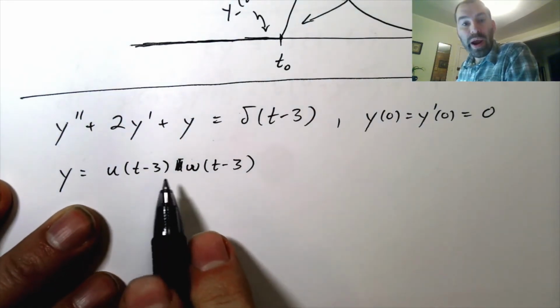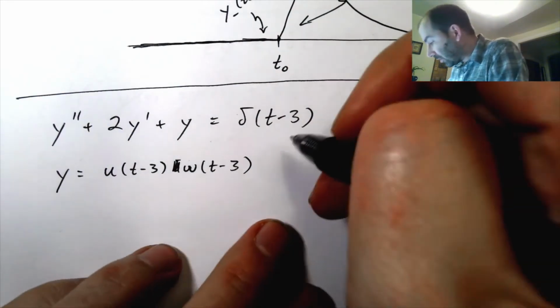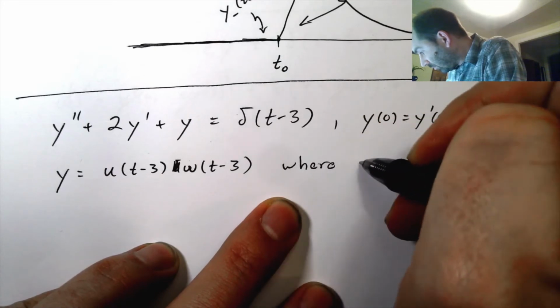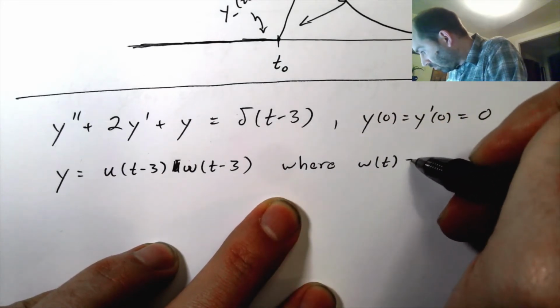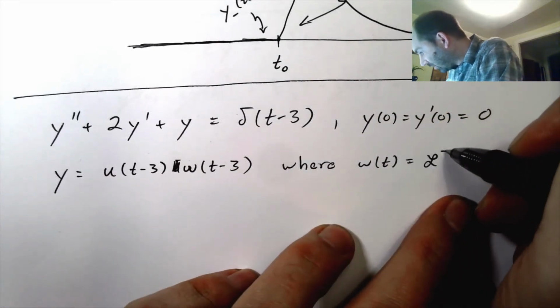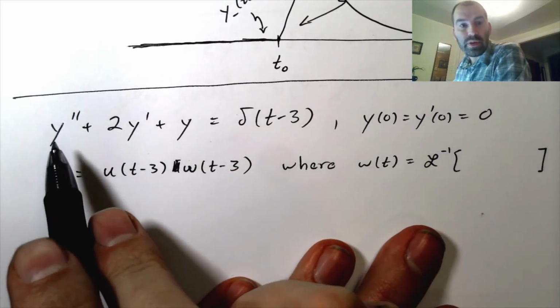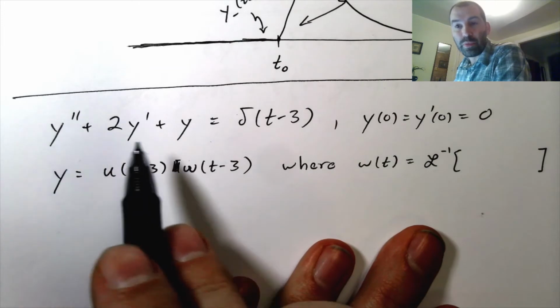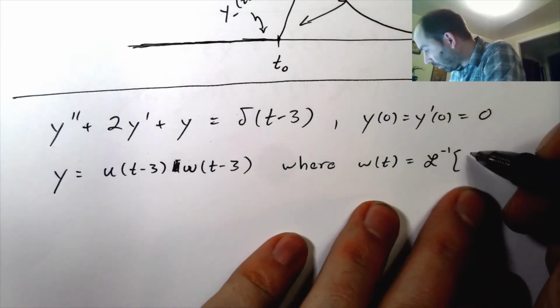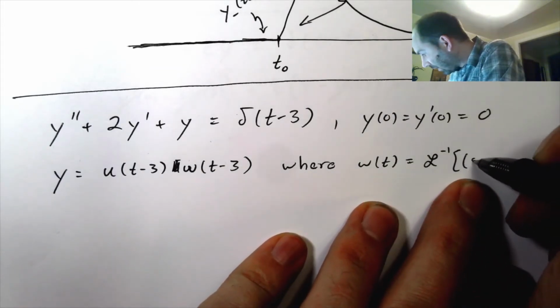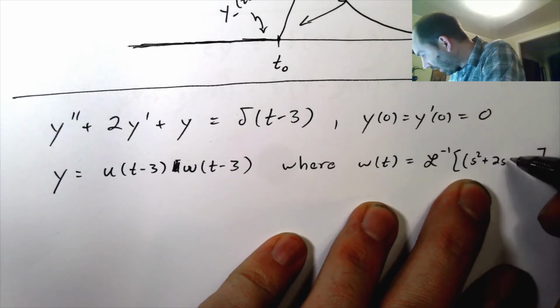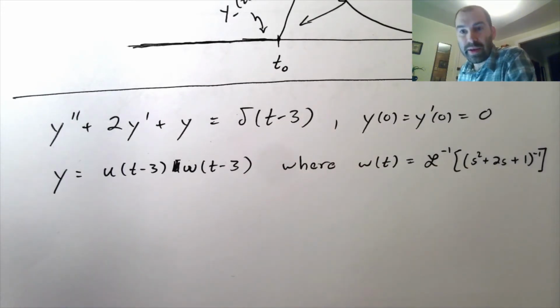Right? Where this w function is the inverse Laplace transform of the reciprocal of, well, it comes from this, right? So if we just copy what we did before, it's going to be s squared plus 2s plus 1, the reciprocal of that.